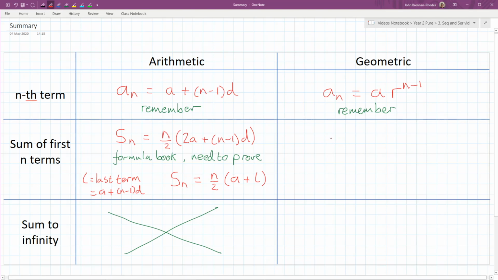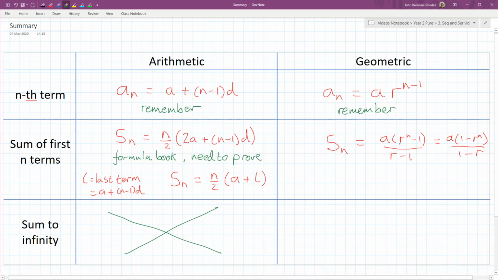The sum of the first n terms is going to be equal to a, open brackets, r to the n minus 1, divided by r minus 1, or a, open brackets, 1 minus r to the n, over 1 minus r.